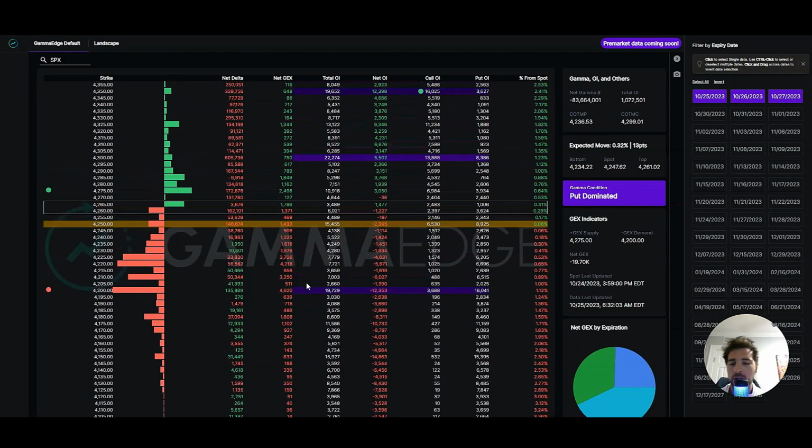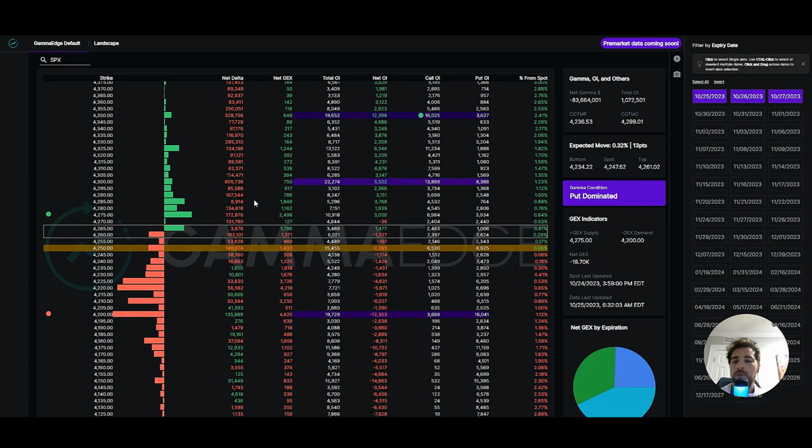Calls are starting to come back in the complex, at least below spot price. 4,200 remains the key downside level. We are opening below transition, so the bias overall between the week and the full complex is that we're opening below transition. However, 0 DTE, transition is a bit wider, opening in the middle.